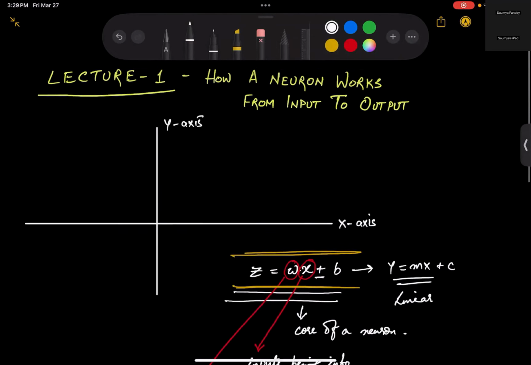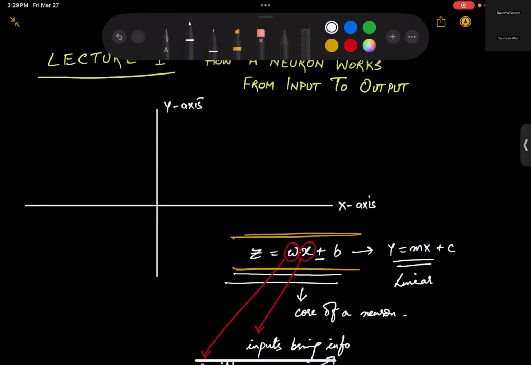So let's go to this X and Y axis we drew here, and let's draw a straight line. Yeah, here we go. And this is our input, and this gives Z, that is output, right?